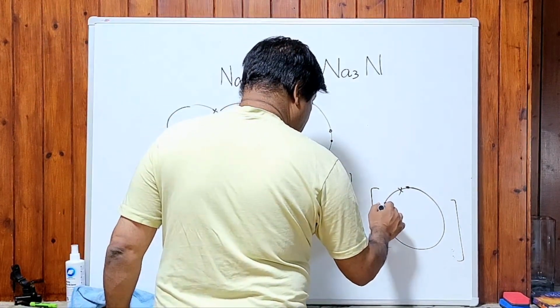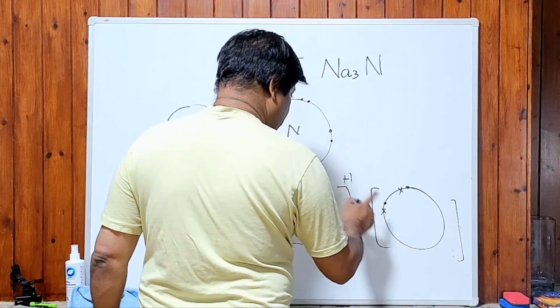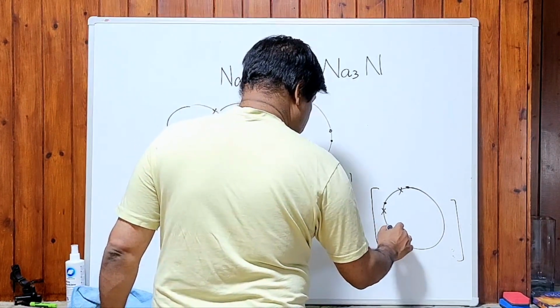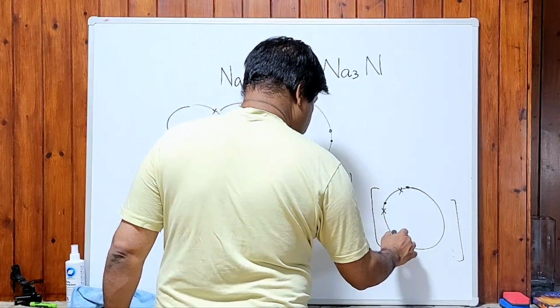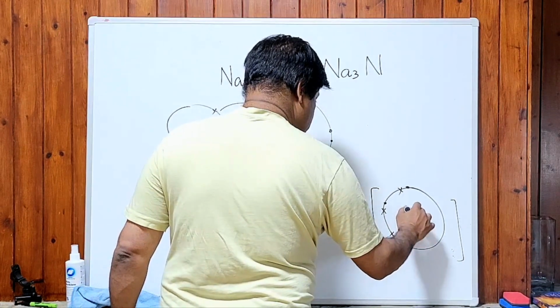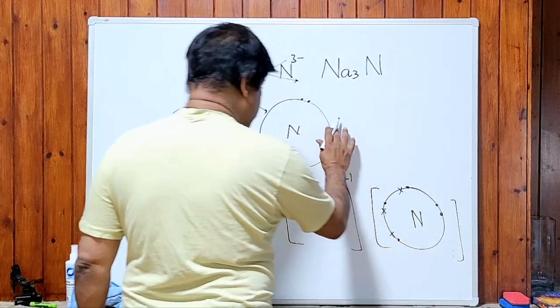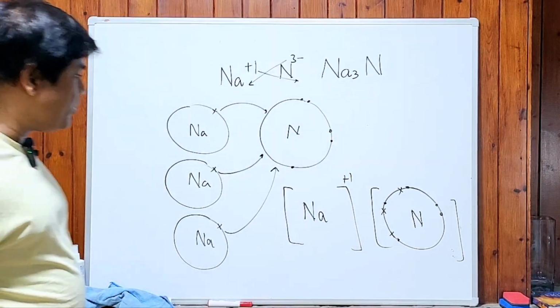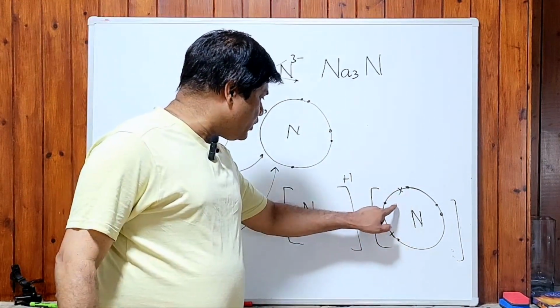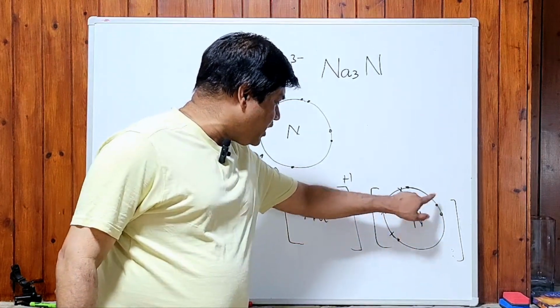Dot and a cross from 1 more electron from another sodium. Dot and a cross, and 2 electrons from this nitrogen. Look, how many electrons? 1, 2, 3, 4, 5, 6, 7, 8.